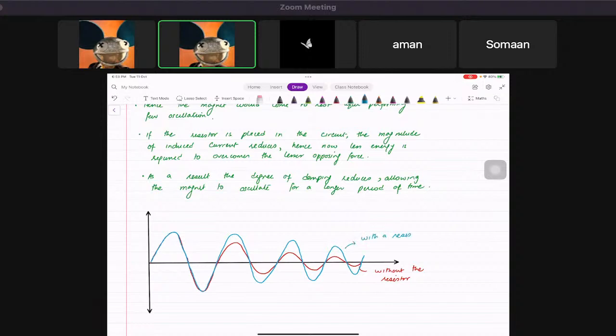The reason is that the current will be low because of the resistor, which means the opposing magnetic field won't be that strong. And if the opposing magnetic field is not that strong, it's going to help the magnet oscillate for a longer period of time. So that's how it works, right? Any questions now?